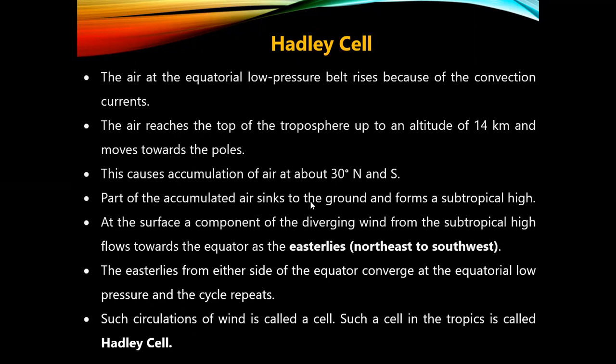Now, we will discuss the Hadley cell. The air at the equatorial low pressure belt rises because of the convection currents. The air reaches the top of the troposphere, up to an altitude of 14 kilometers, and moves towards the poles.